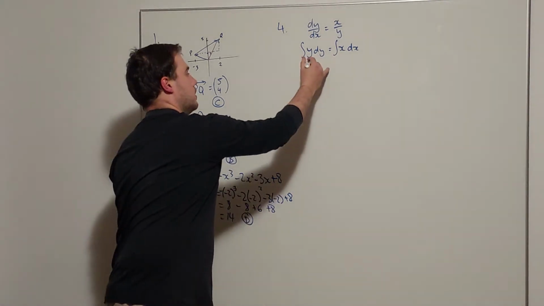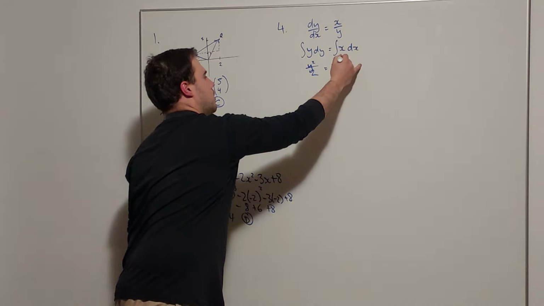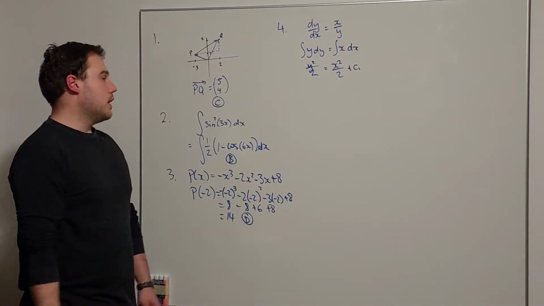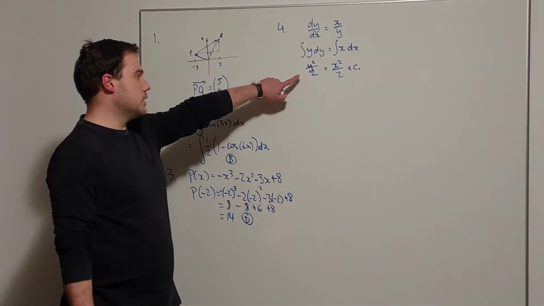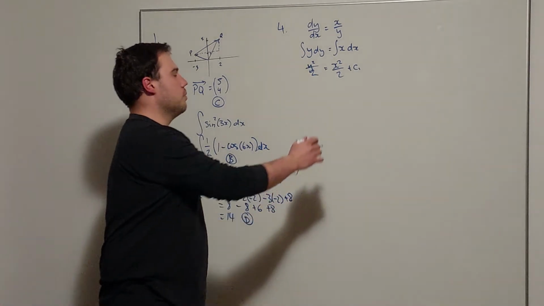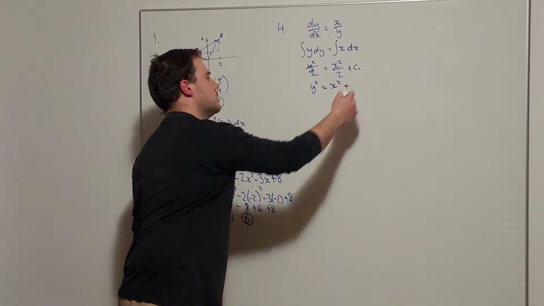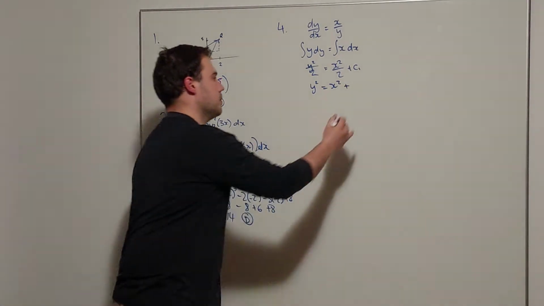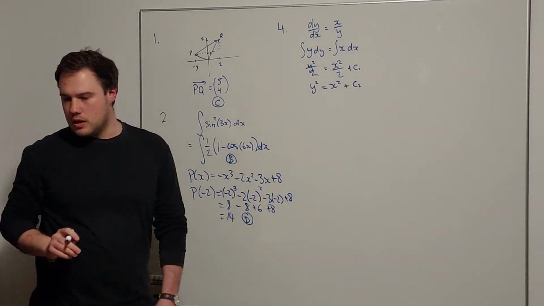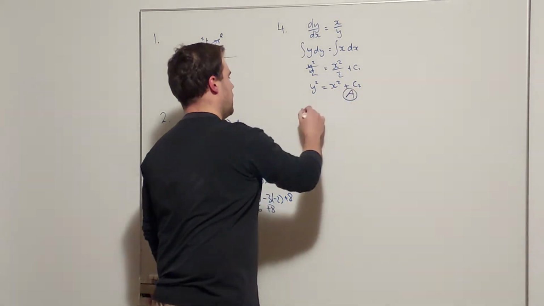So if you integrate, y squared on 2 equals x squared on 2 plus some constant, I'll just label C1. Then to clear this denominator of 2, we can times everything on both sides of the equation by 2, so we get y squared equals x squared plus some constant times 2, which is just some other constant. It's of the form y squared equals x squared plus something, which was option A.